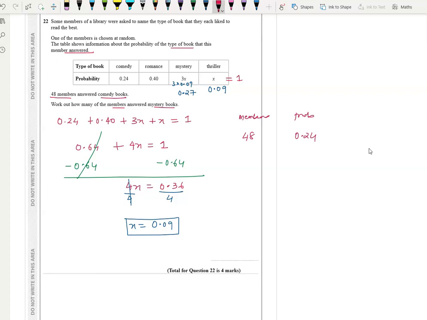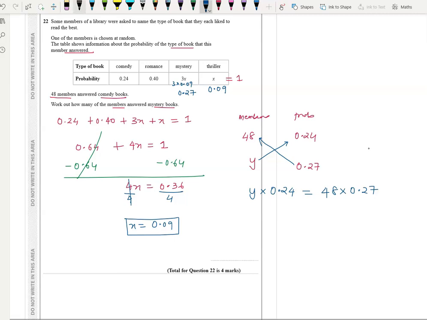So when the probability is 0.24, the number of members is 48. We need to find the number of members for mystery. For mystery, the probability is 0.27. We need to find out how many members. Okay, so take the cross products. So y will times with 0.24 and this will times with 48. So y times 0.24 equal to 48 times 0.27.